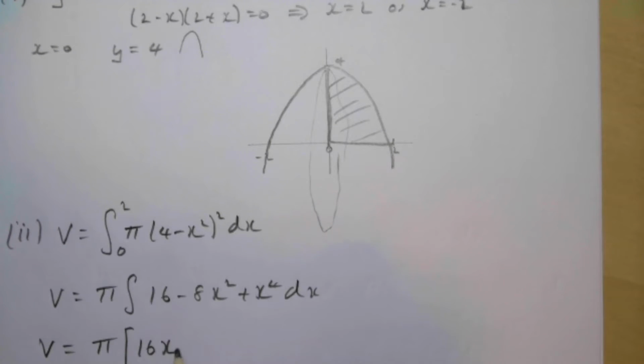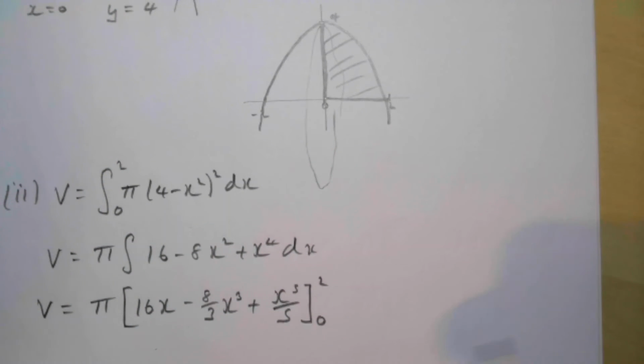16 goes to 16x, add 1 to the power gives me 3, divide by the new power, so it's 8 over 3 x cubed, plus x to the 5 over 5, and that then is between 2 and 0.